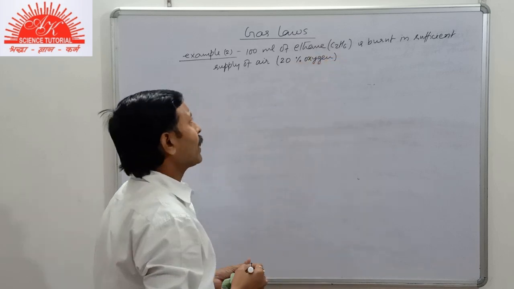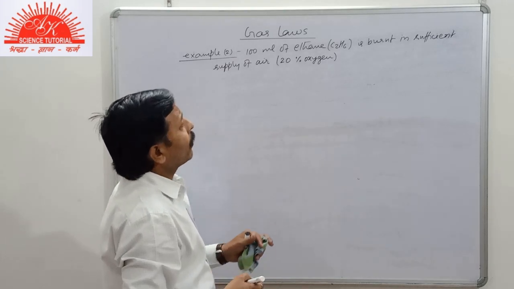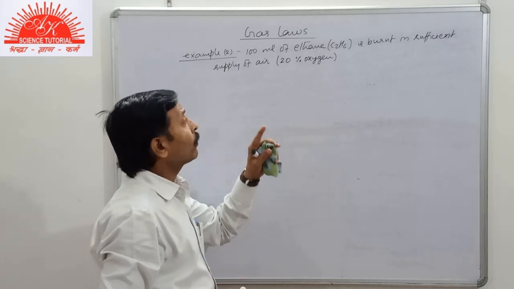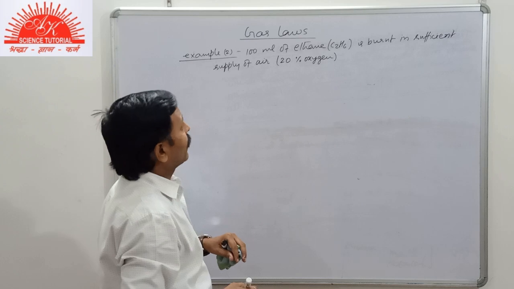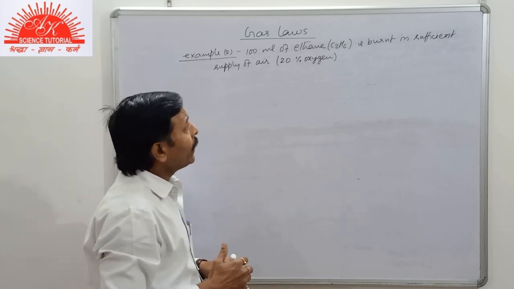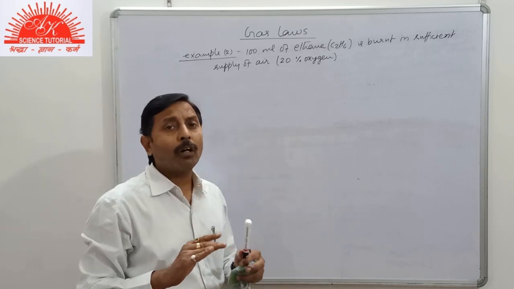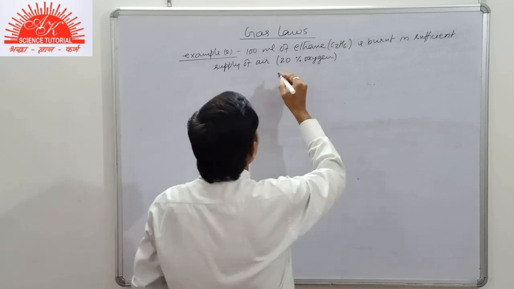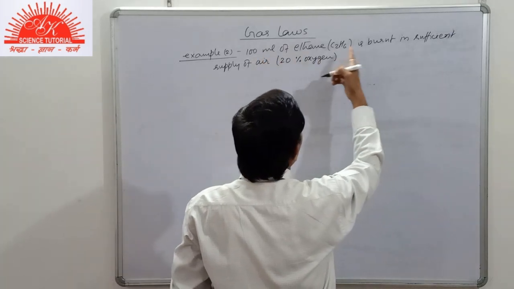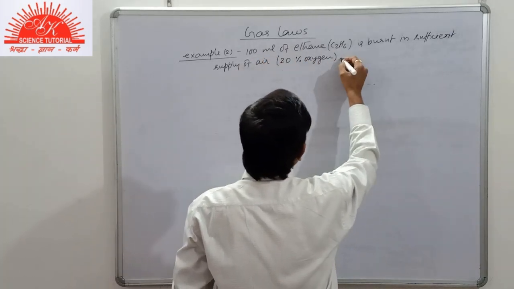That is, we are not supplied with pure oxygen, but we are supplied with air, in which the oxygen part will be used for combustion. So 100 ml of ethane is burnt in sufficient supply of air.